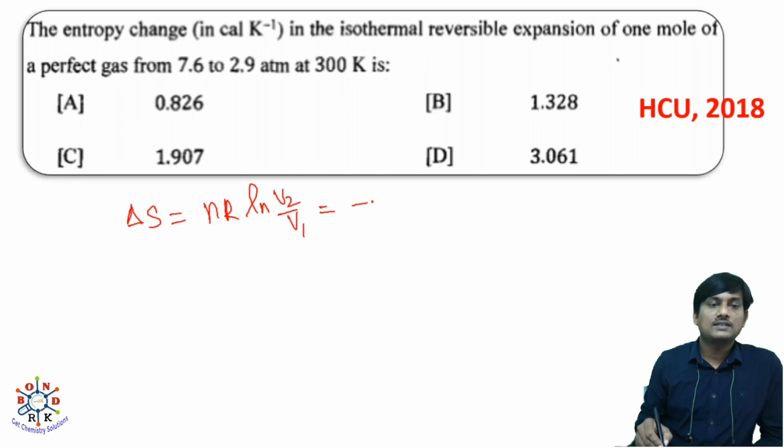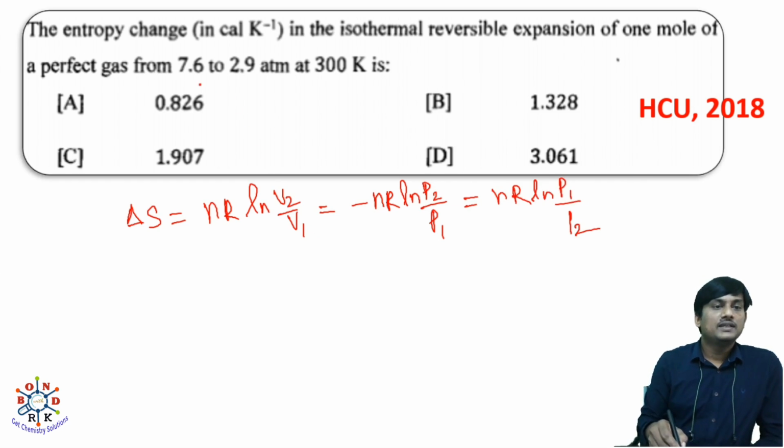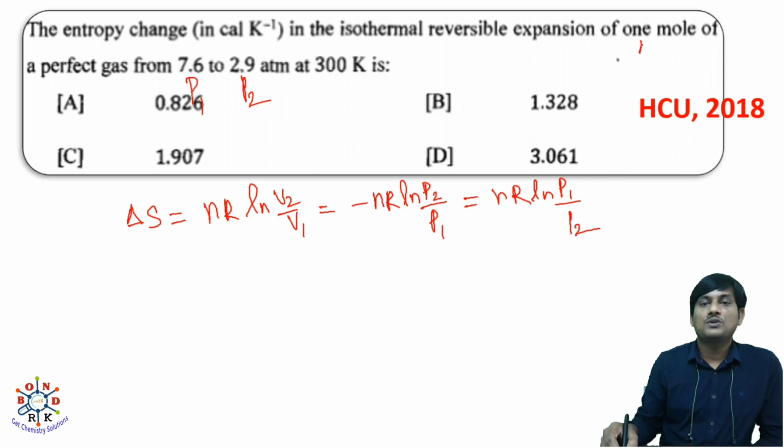It can be written as minus nR ln P2 by P1, or as nR ln P1 by P2. Here P1 is the initial pressure, P2 is the final pressure, and the number of moles of gas n is equal to 1.